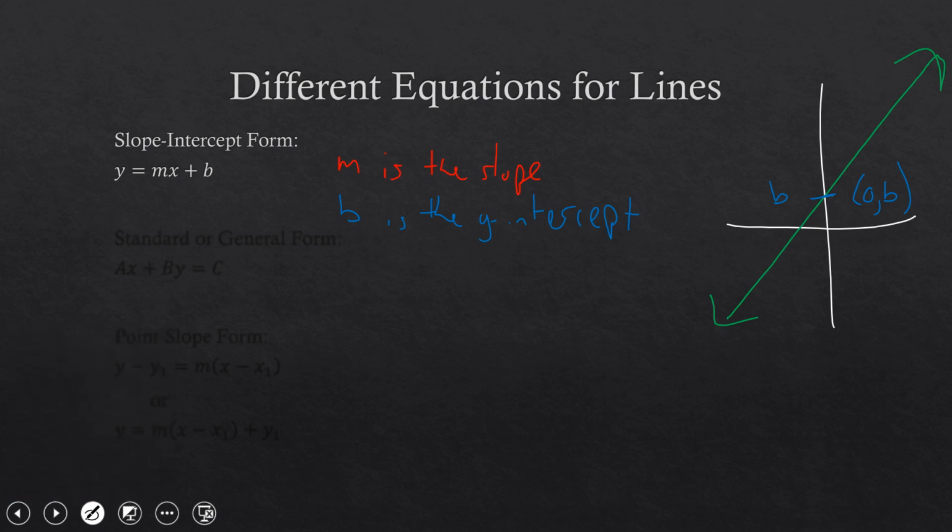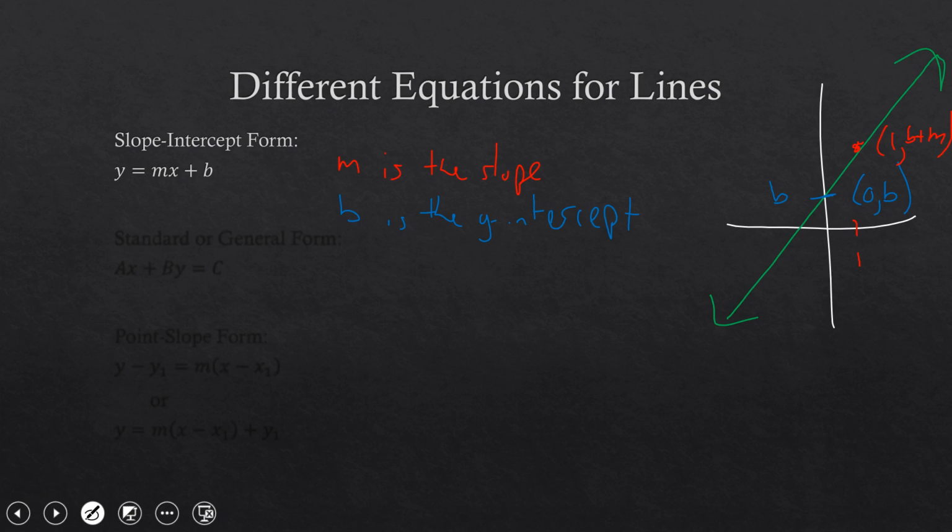So that means that if I were to plug in 1, then up here I'm going to have the point (1, b plus m). So I'll have gone up a unit of m for every 1 over I go in the x.